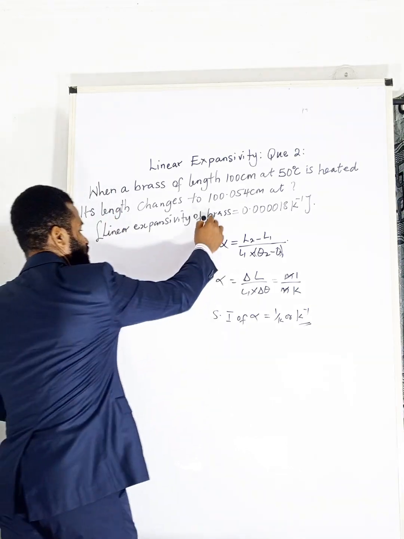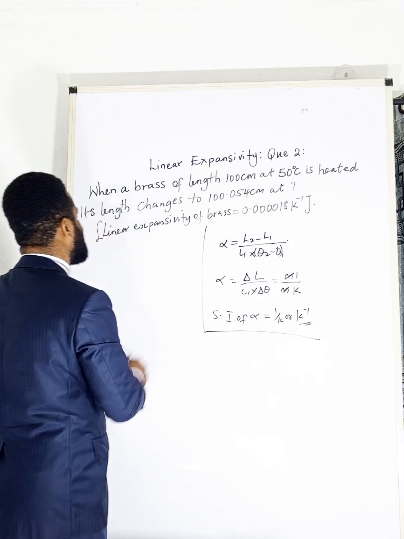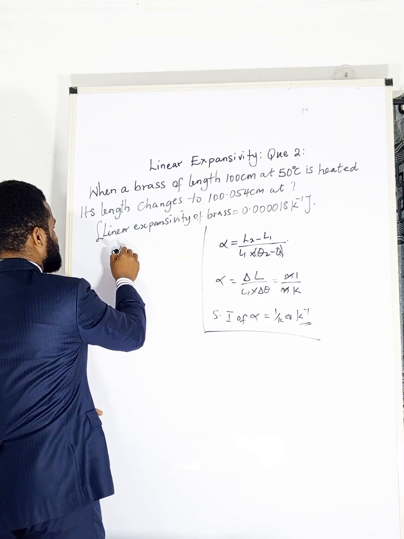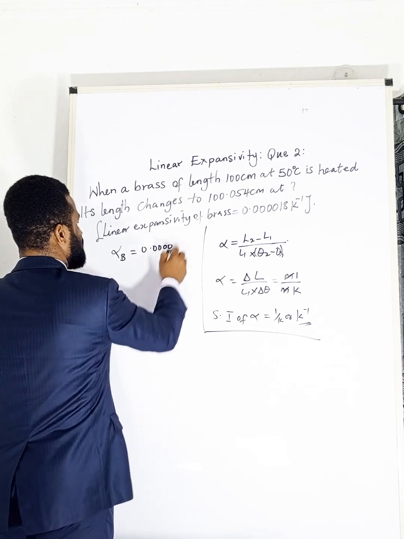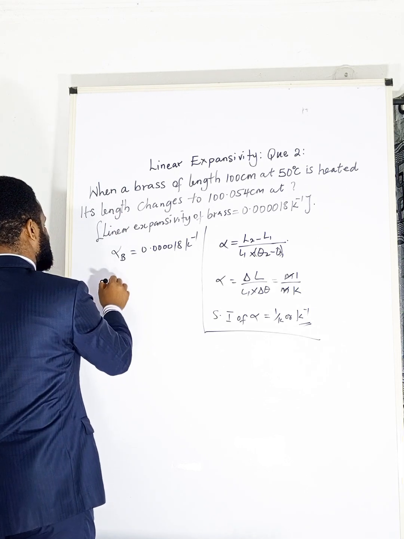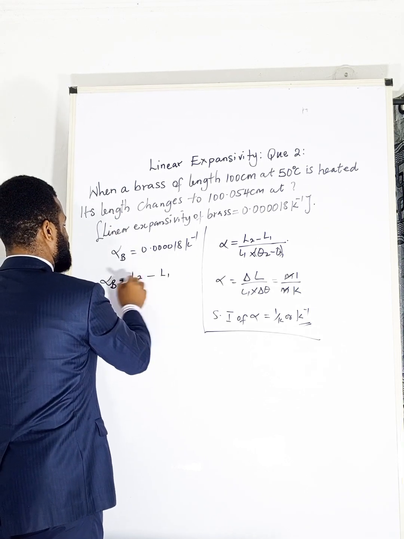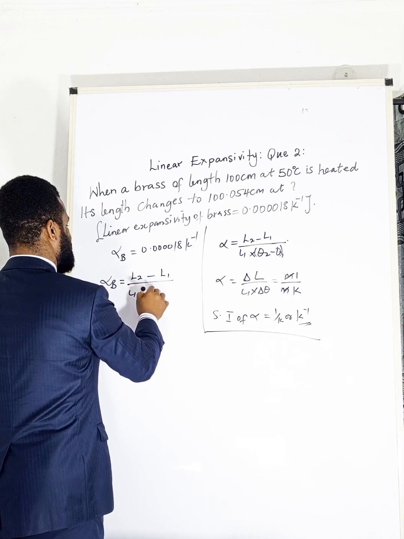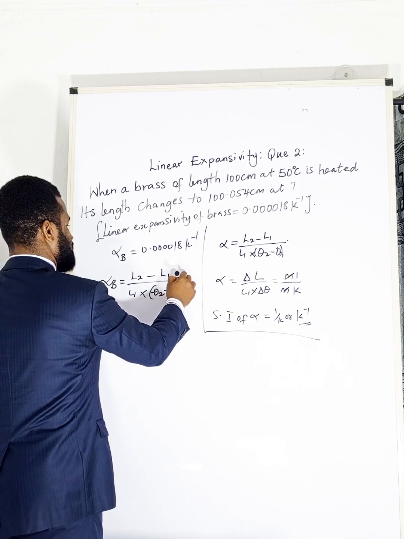If you look at this very well, you realize that linear expansivity of brass is given as 0.000018 per Kelvin, and that linear expansivity of brass is given as L2 minus L1 all over L1 times theta 2 minus theta 1.